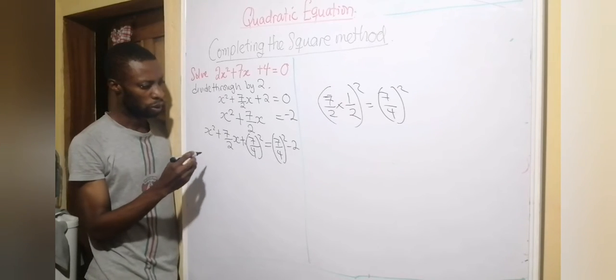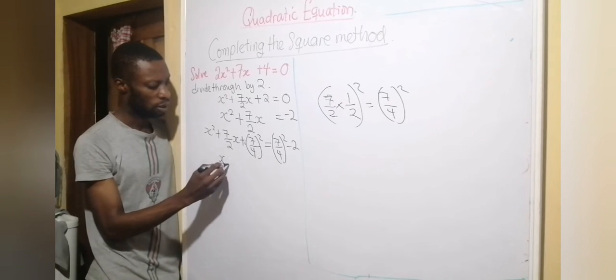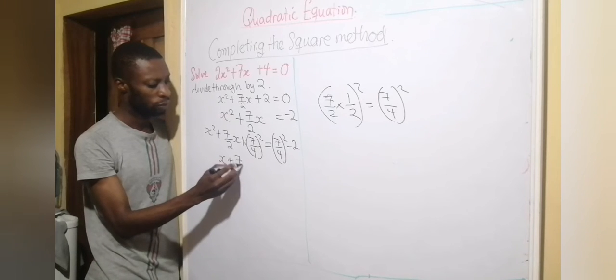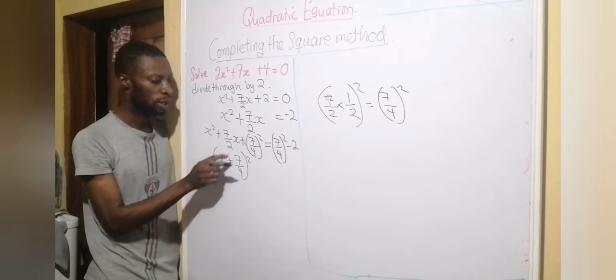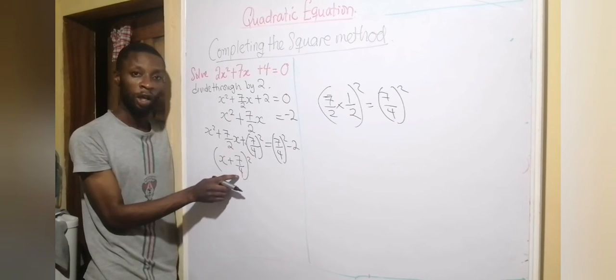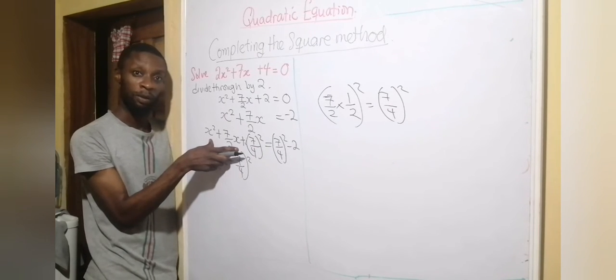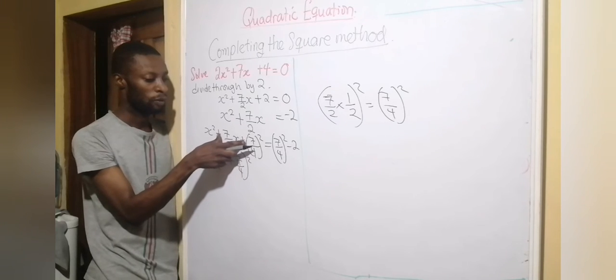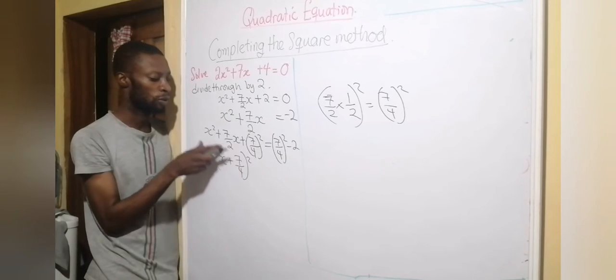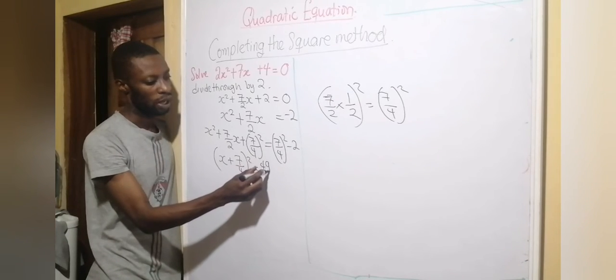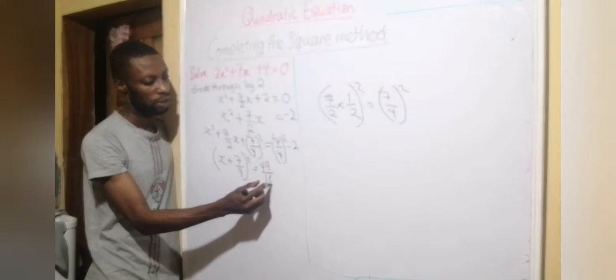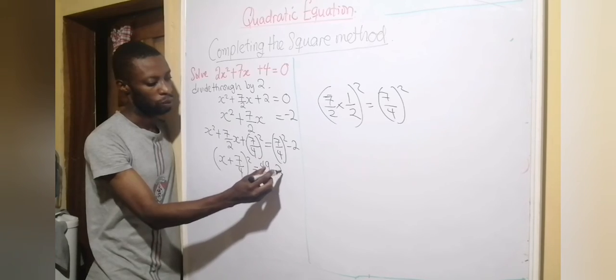So this will be what? You have x plus 7 over 4 all squared. That's this x comes here and this 7 over 4 comes here. If you expand it, you will still get this. But the fast, very quick method, this 7 over 4 comes here, this x comes here, is equal to 49 over 16 minus 2.